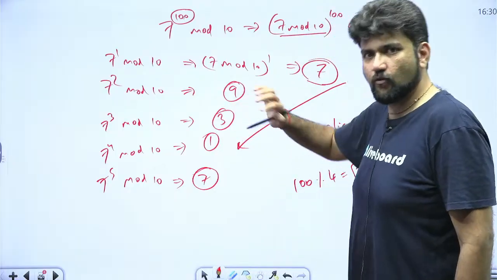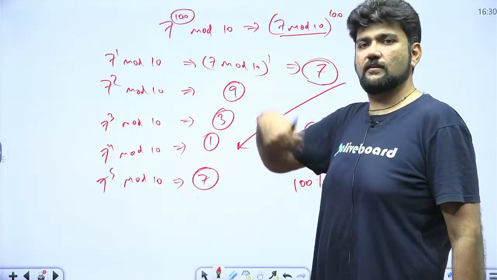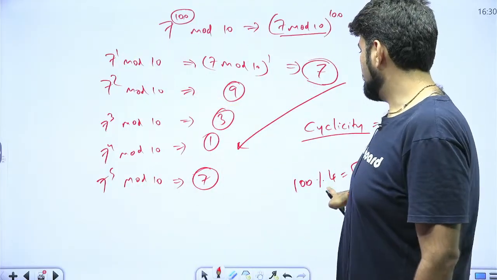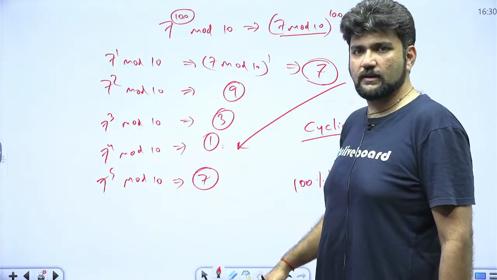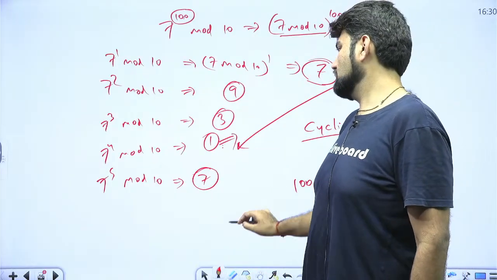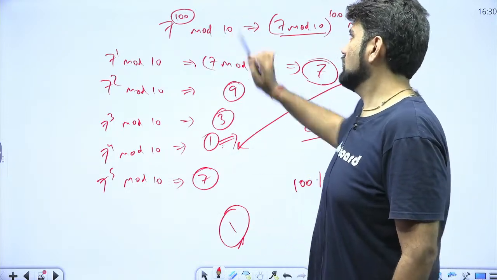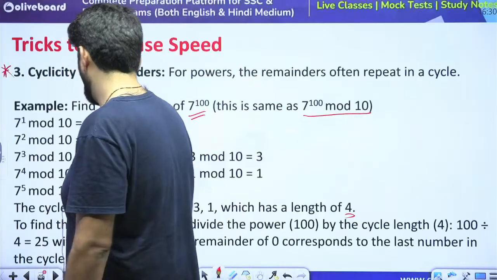After every 4 digits it is being repeated: first set of 4, then second set of 4, then third, fourth, and so on. Our remainder is 0 when dividing by 4, so we are talking about this 4th digit, which comes 25 times to get our answer. So 1 will be the final remainder if I divide 7 power 100 by mod 10. Okay, that's how you need to understand this.